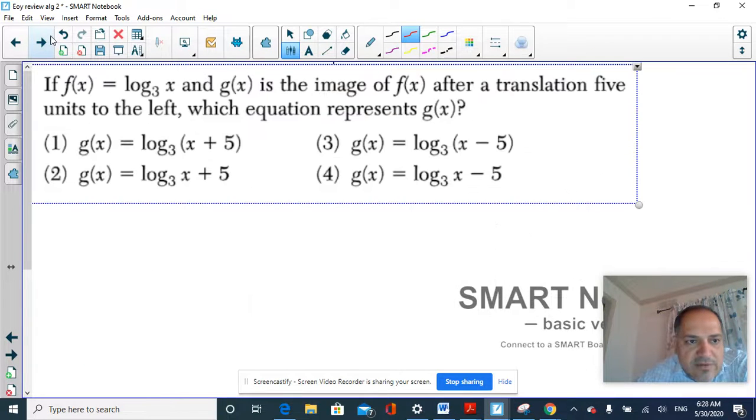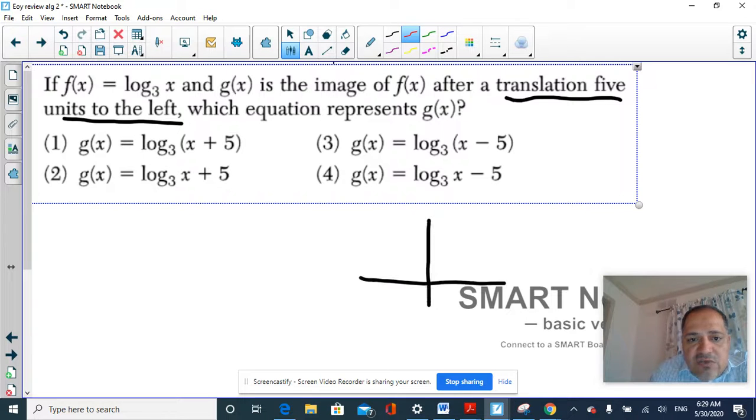Next question: we have f of x equals log base 3 of x, and g of x is the image of f of x after a translation 5 units to the left. Which equation represents g of x? So we have only a translation 5 units to the left. So the function will be what?